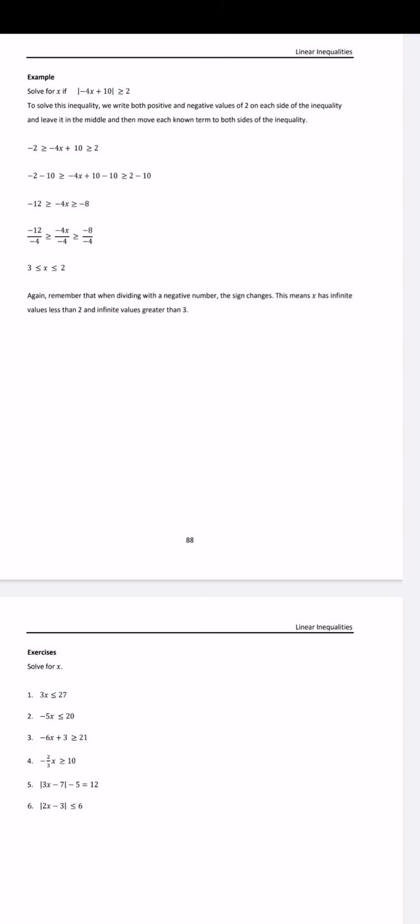So in this case, the possible solutions of x is any number that is greater than 3 but less than 2.